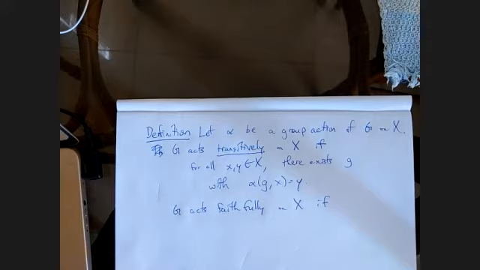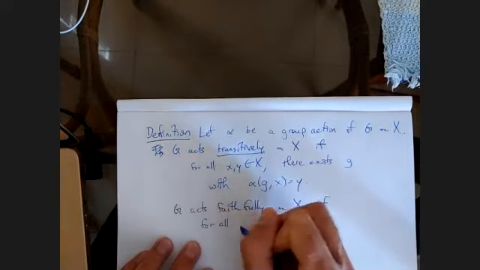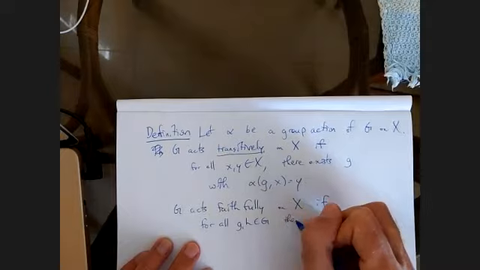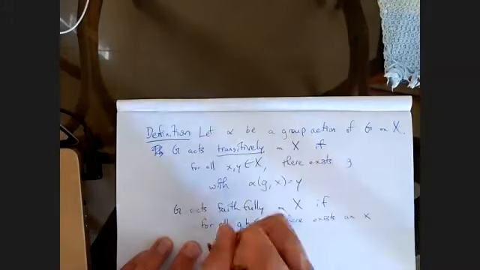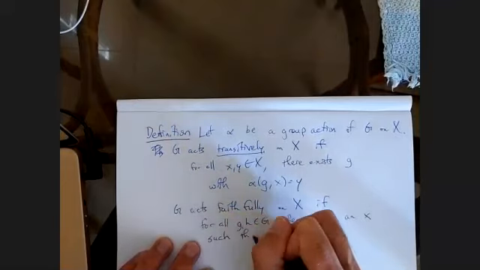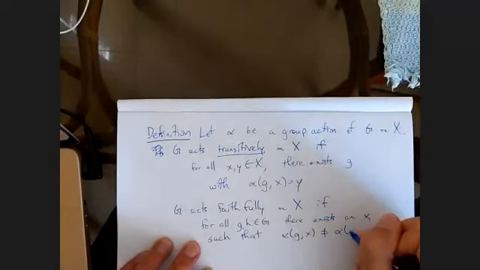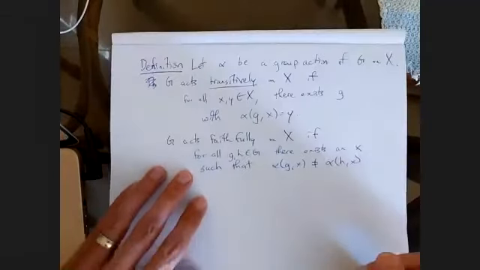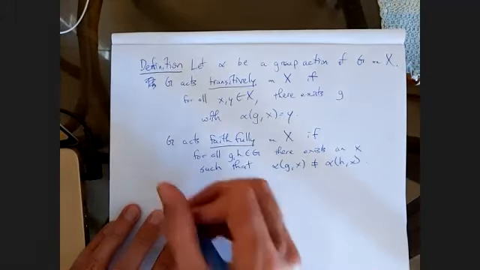If for all g and h, there exists an x such that alpha g x is not equal to alpha h x. Okay, that's what it means to act faithfully.